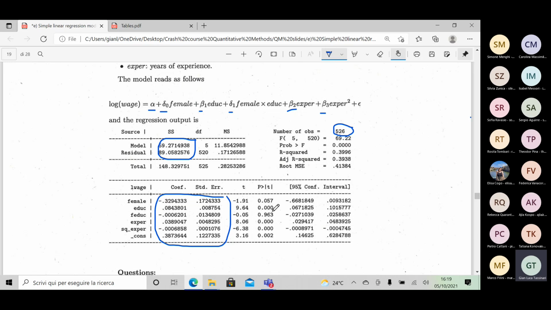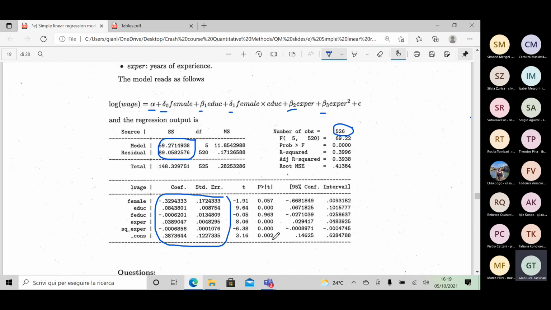So there is super strong and incredibly huge empirical evidence supporting the fact that in determining the logarithm of the wage, the education, the experience, and the square of the experience play a crucial role because they are highly significant. Now, what about this coefficient?